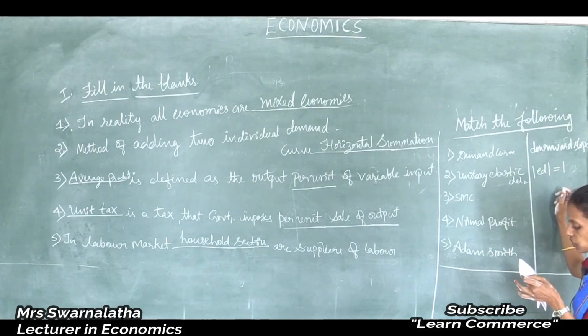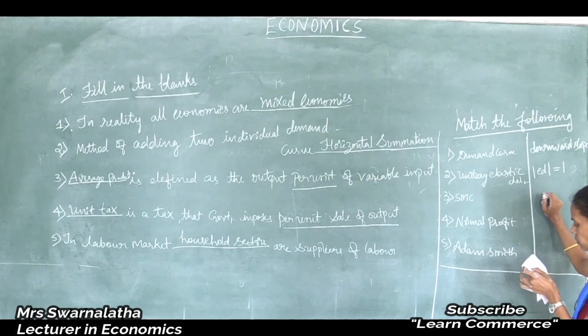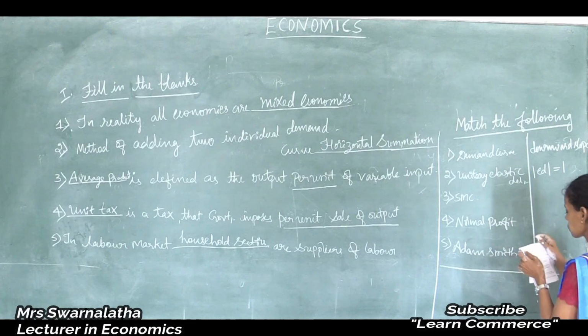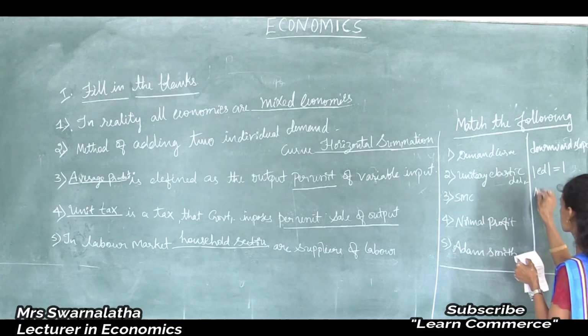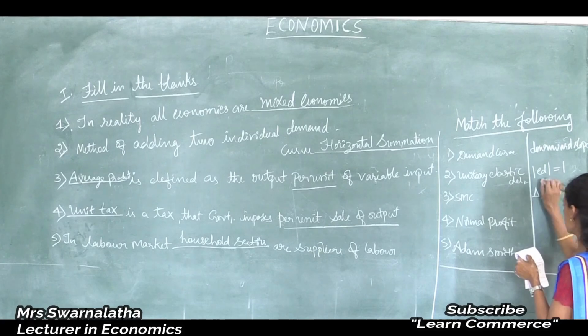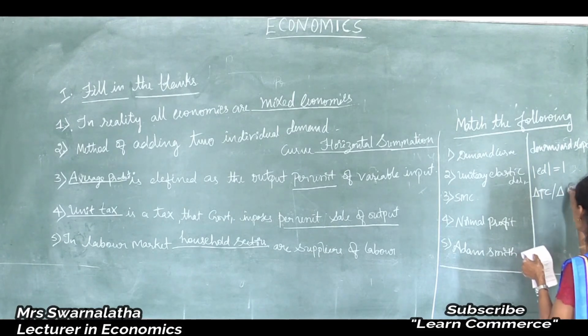SMC, short run marginal cost, you are going to find by delta TC by delta Q, the change in total cost divided by the change in output.